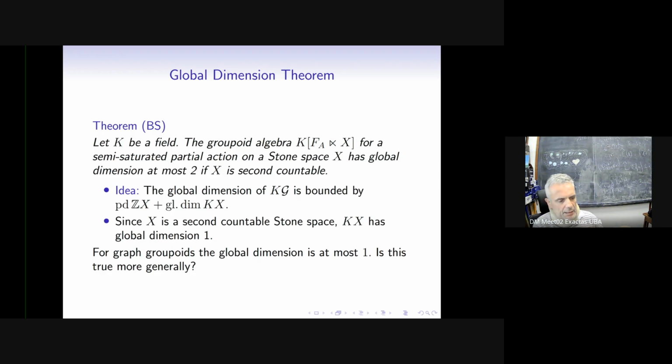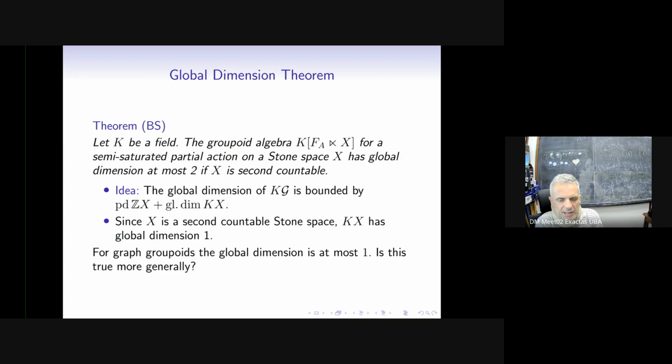And in many situations, the cohomological dimension of this subring as a module over the big ring coincides with the cohomological dimension of the big ring.